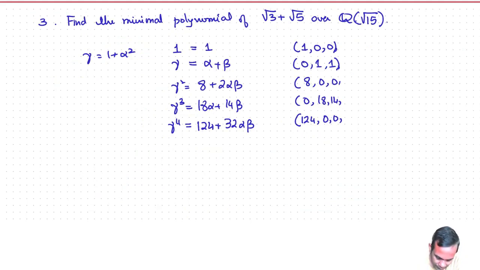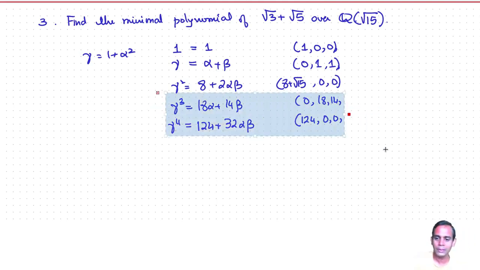So here we would write 8 plus root 15, because now that's in the field. Okay, but this gamma squared is already now a scalar multiple of 1 0 0. So these two steps we don't need at all. So we don't need this bit here. So we'll just remove it.